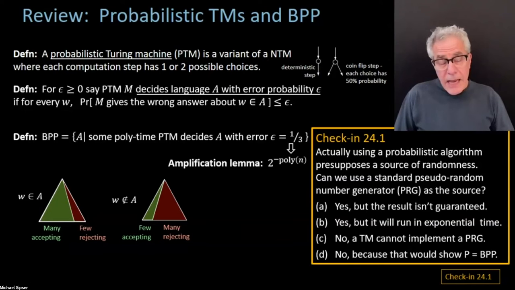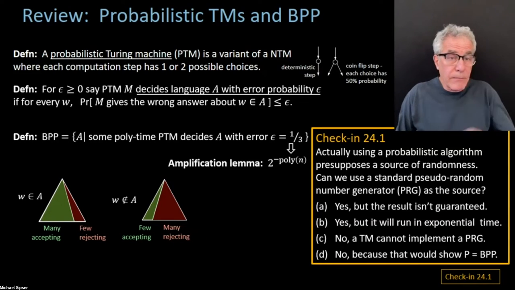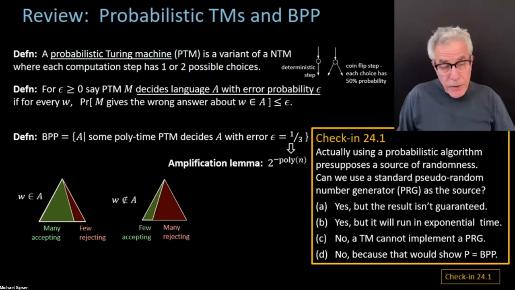And in fact, if you polled most complexity theorists, most people in my field would believe that P does equal BPP, just for this very reason, that if you had sufficiently good pseudorandom number generators, you could actually eliminate the probabilism in these probabilistic computations. You could just run them on the pseudorandom number generator.